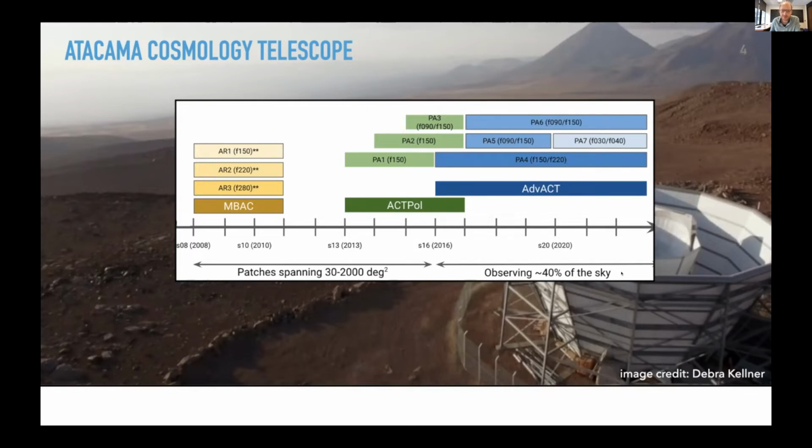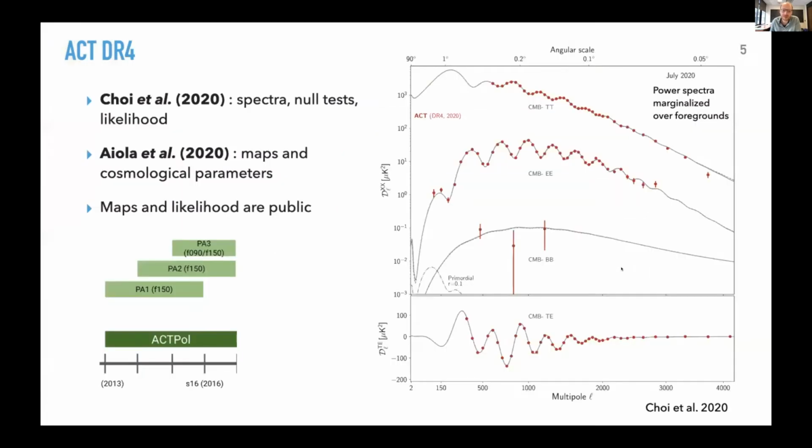Okay, so now I'm going to talk a little bit about the recent data releases and the upcoming data releases. The first one I'm going to talk about is what we call ACT-DR4, data release 4, which includes this ACT-POL data from roughly 2013 to 2016 in these 2 frequencies.